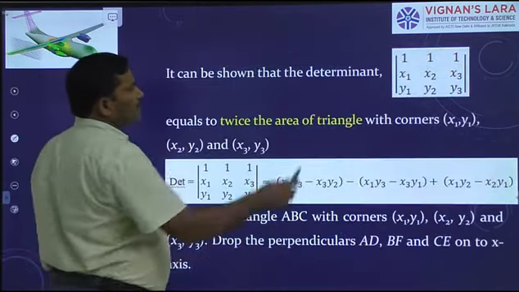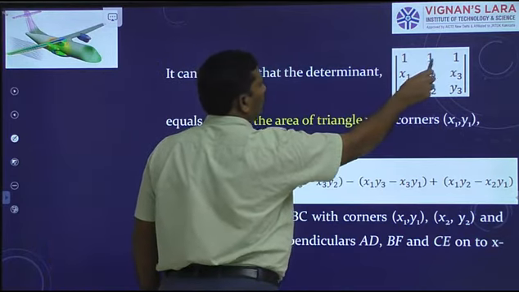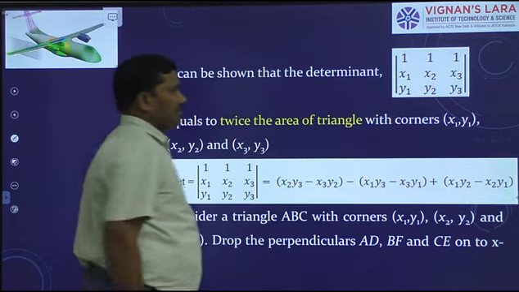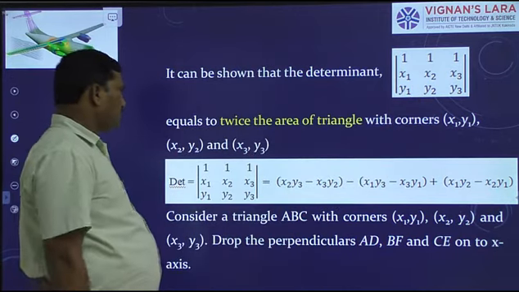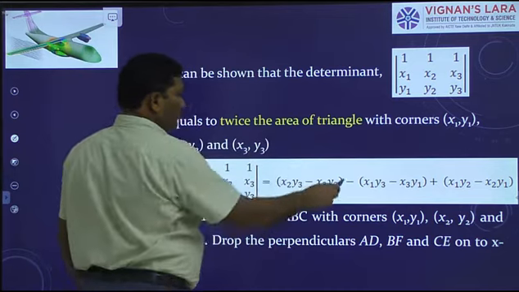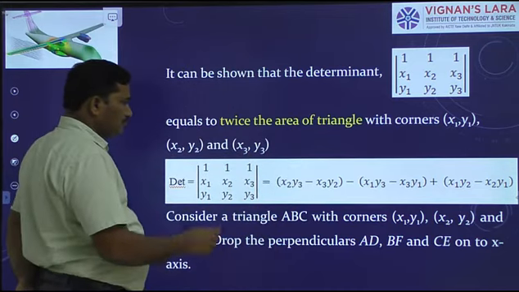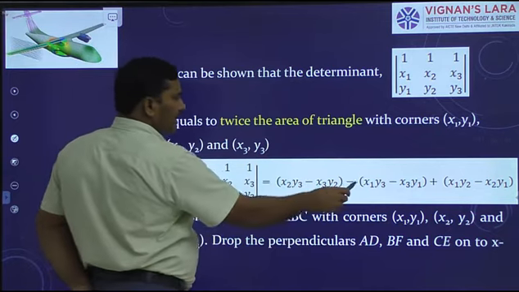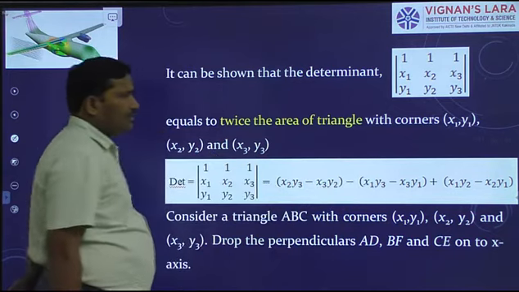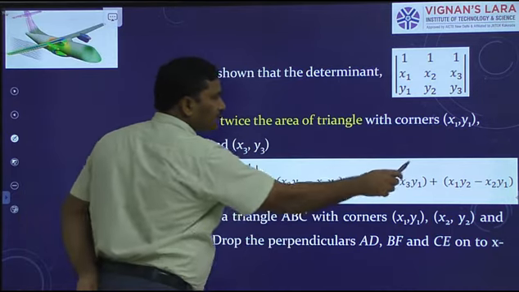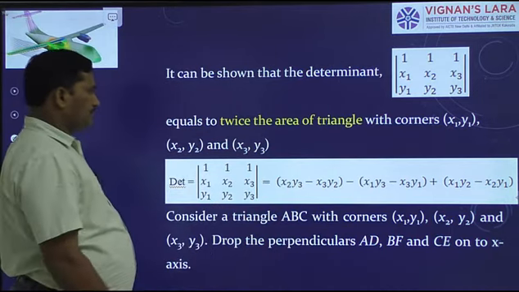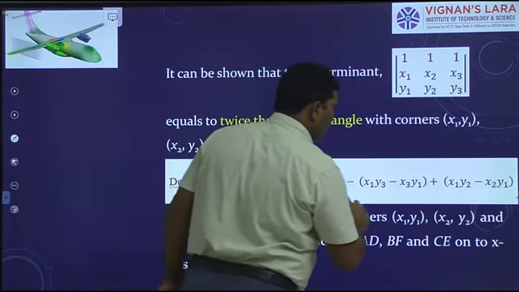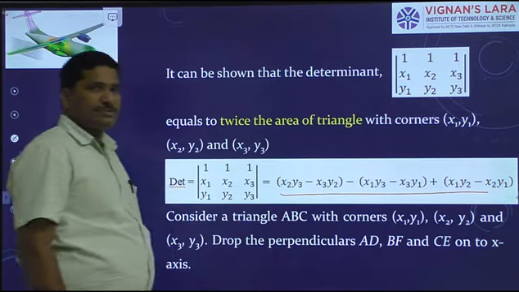The determinant of 1, 1, 1, x1, x2, x3, y1, y2, y3, if you determine, you get x2 y3 minus x3 y2, minus of x1 y3 minus x3 y1, plus x1 y2 minus x2 y1. So the determinant of this matrix is this.